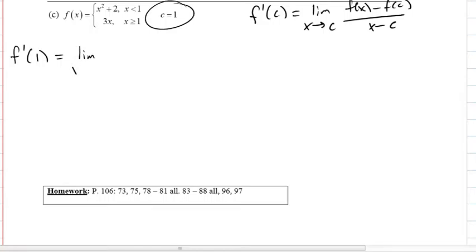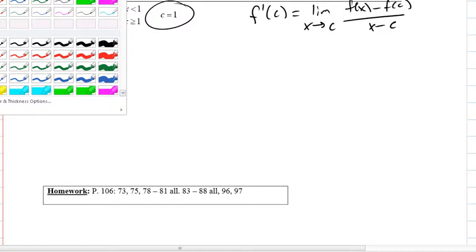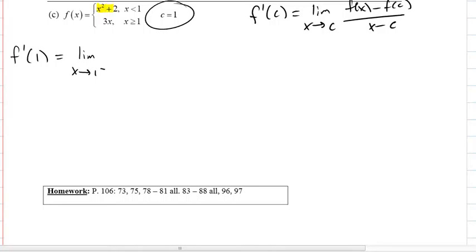The limit as x approaches 1 from the left, which would mean the top function, because x less than 1 means from the left. So that means I'm going to use the top function plus 2 minus the top function again, but with 1 plugged in, all over x minus 1.